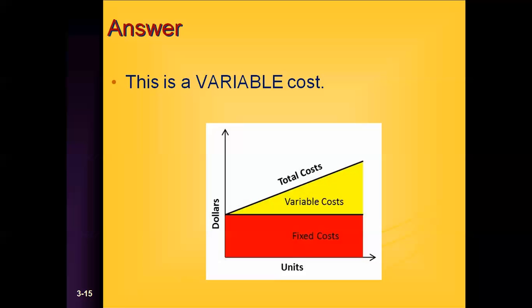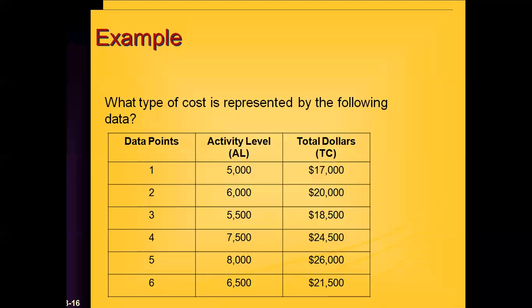For every iPhone you make, you're going to increase the total costs of manufacturing, because you have variable costs associated with the individual subcomponents that make up an iPhone: the screen, the case, the processor, the software, etc. Okay, so that's a great example of a variable cost.